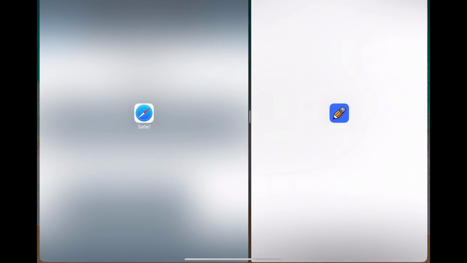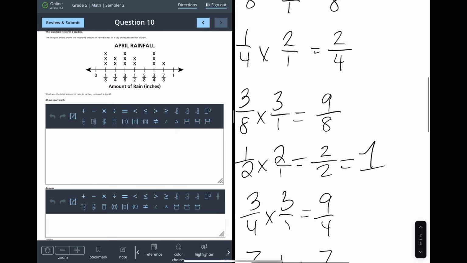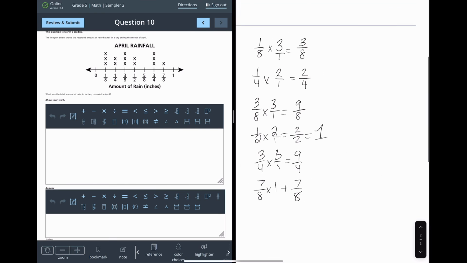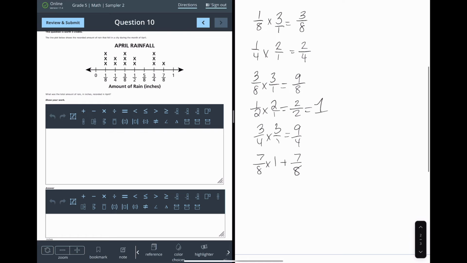I'm going to make this a little smaller for a second so we can see what's happening here. I want to pretend this is my paper. I'm going to add the fractions that are alike first. So I know I have a ton of 8s. So I have 3/8 plus 7/8 plus 9/8.